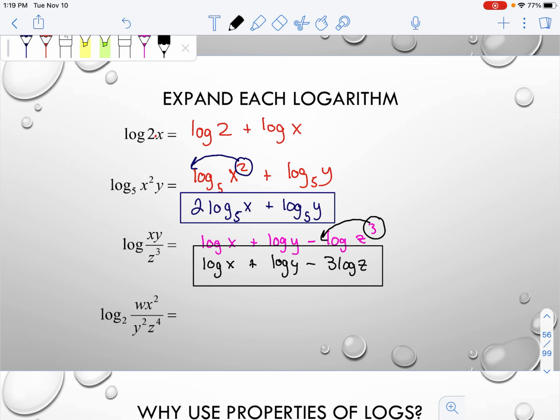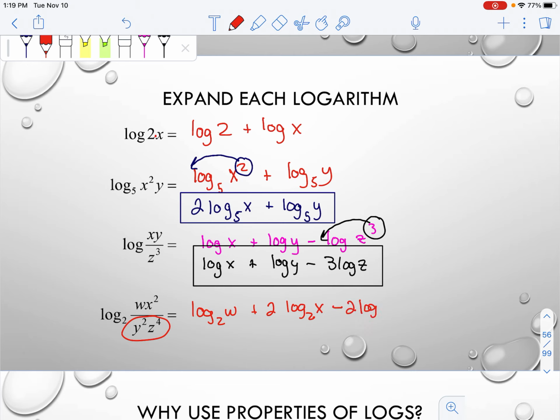All right, let's try this last one here. 4 terms. Hopefully you're ahead of me with this and you already have it written on your paper. I'm going to do all this in one shot. Log base 2 of w plus, I know the exponent is going to become the coefficient, so 2 log base 2 of x. Now I focus on my denominator. Again, those exponents become coefficients, but they're going to be negative because they're in the denominator.